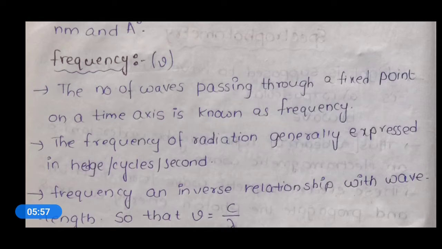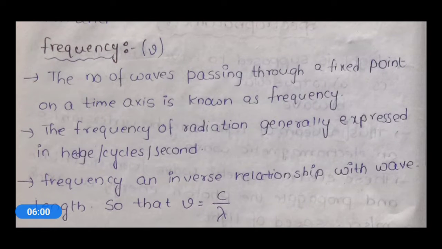And frequency: the number of waves passing through a fixed point on a time axis is known as frequency.